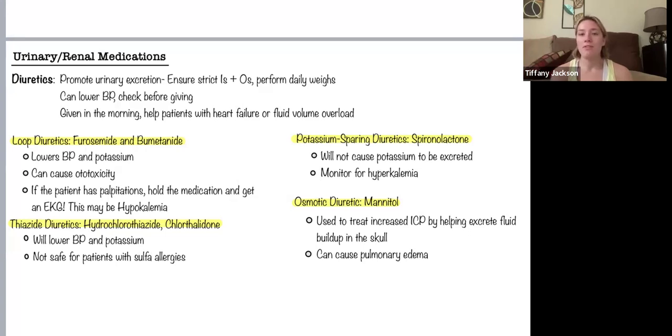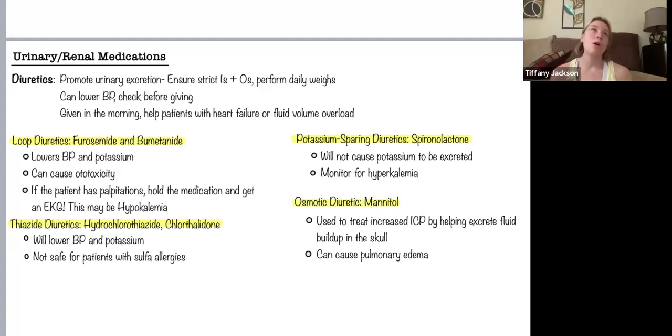Alrighty, up next we have thiazide diuretics, like our hydrochlorothiazide, again, can lower blood pressure and potassium. These are not safe for patients with sulfite allergies. On the other hand, we also have diuretics that are called potassium-sparing diuretics. This is our spironolactone. These will not excrete potassium.